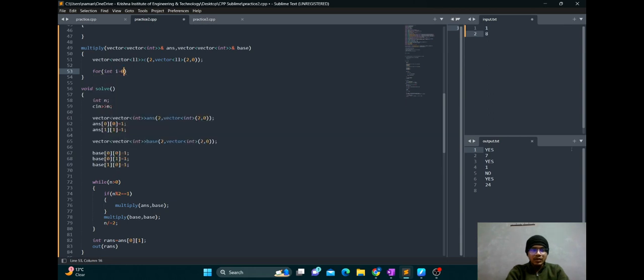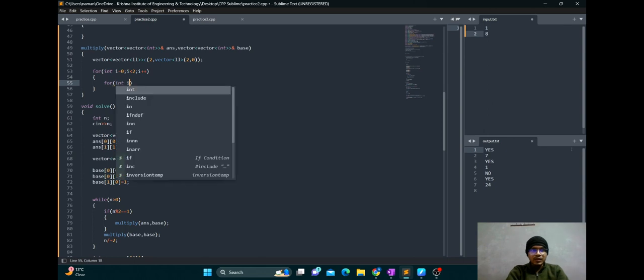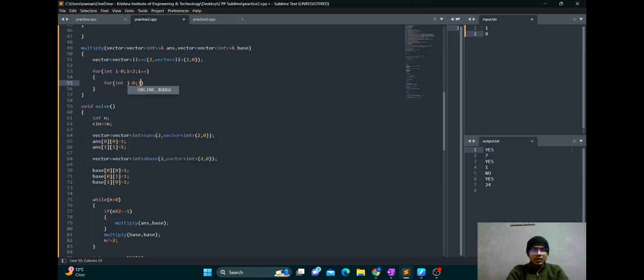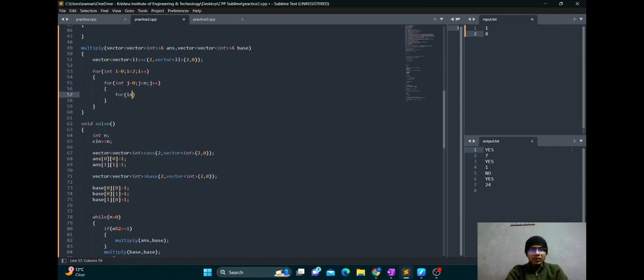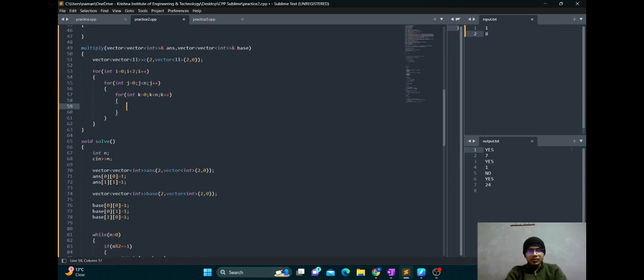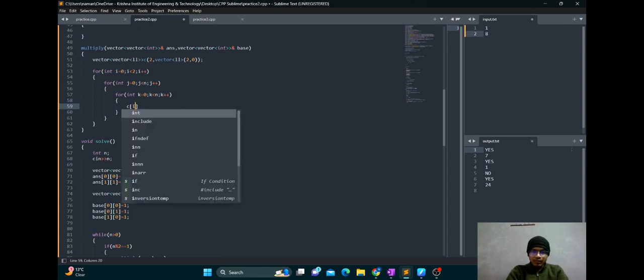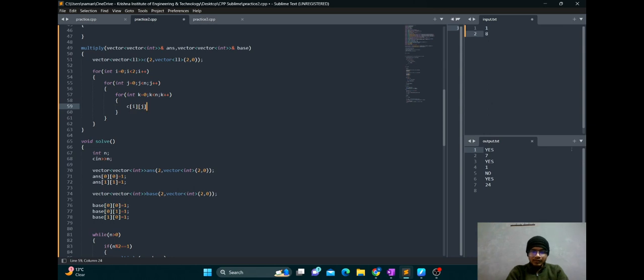In the multiply function, for i equal to 0, i less than 2, i plus plus, for j less than n, j plus plus, for k equal to 0, k less than n, k plus plus, C of ij plus equal to A of ik into B of jk.